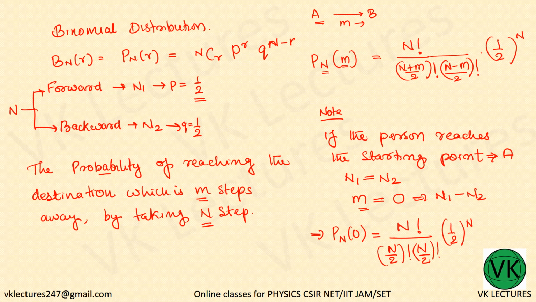This is also the maximum probability. That means the maximum probability is that he reaches the same point, because the probabilities of taking the forward steps and the backward steps are the same.